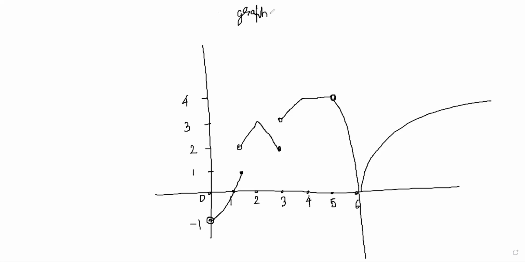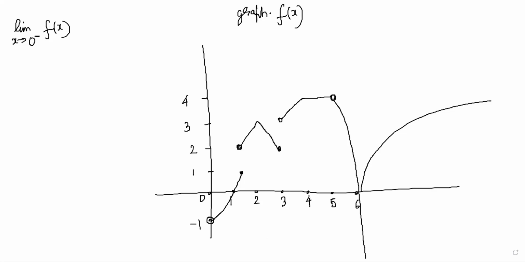Graph is given. So what we want to understand is what happens due to this. Whenever there is a circle, that means the value is not there, it is some other point. This point is the value of the function, right? So what I want to find out here is limit of x tends to 0 minus of f(x).